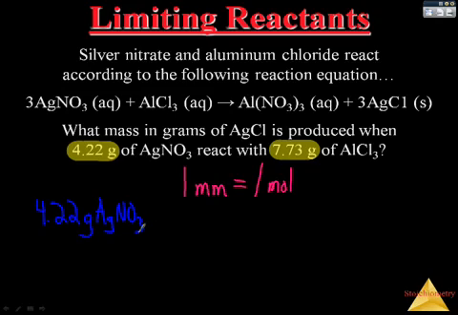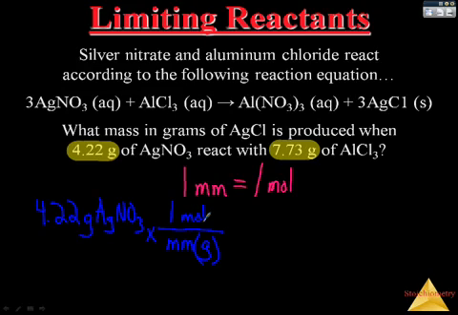Silver nitrate, and we're going to multiply that by our conversion factor with what we started with on the bottom, which was grams of AgNO3. Now, this conversion factor says that the molar mass, which is going to be in grams, of silver nitrate is equivalent to 1 mole. Good.